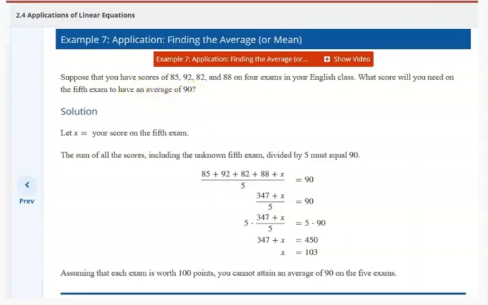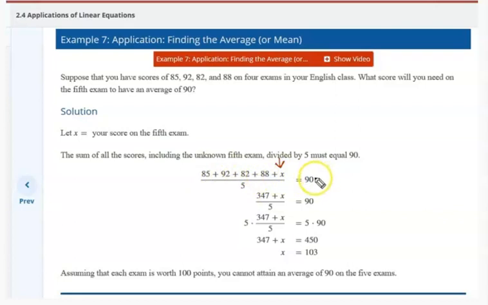Well, I could write it out, but let's just copy what is here. So you're going to put the 4 scores plus the unknown score, use a grouping symbol indicating this is a sum, and to find the average you're going to divide by 5 because there are 5 items, and that equals 90.